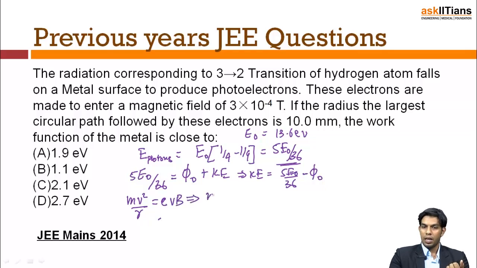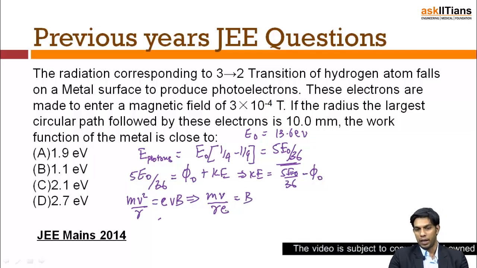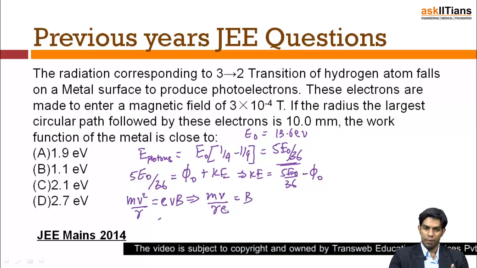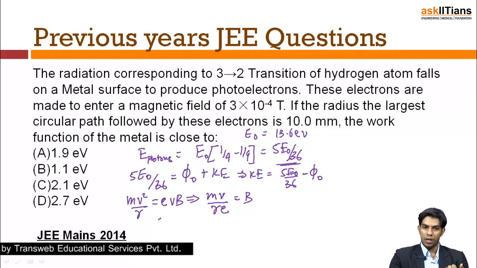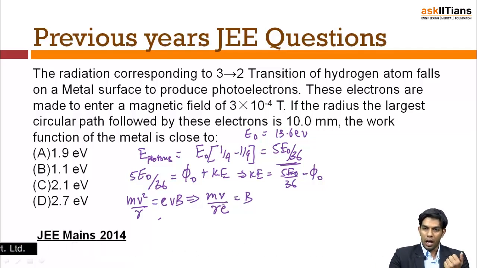This implies mv divided by R e equals B. I know the magnetic field, the radius of curvature, the charge, and also the mass of the electron. The only entity which I don't know is the velocity. I need to get hold of the velocity from this expression. So let's check it out.